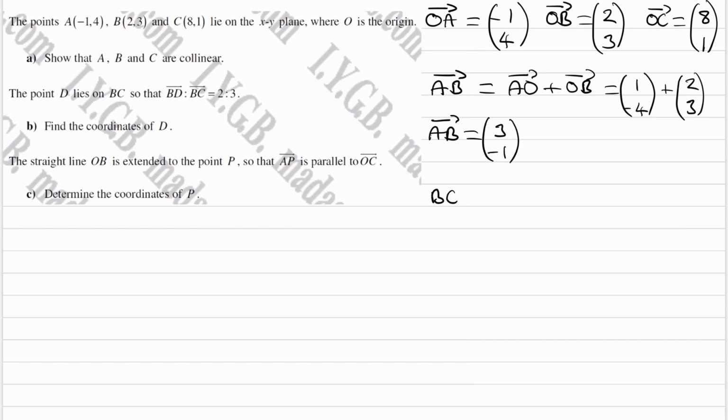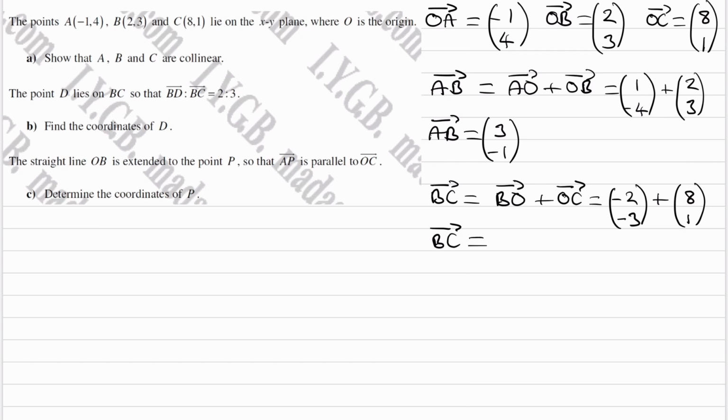For BC, a similar kind of thing. We can go from B to O, and then O to C, which will be the negative of OB, (-2, -3), plus OC, (8, 1). So B to C is (6, -2).